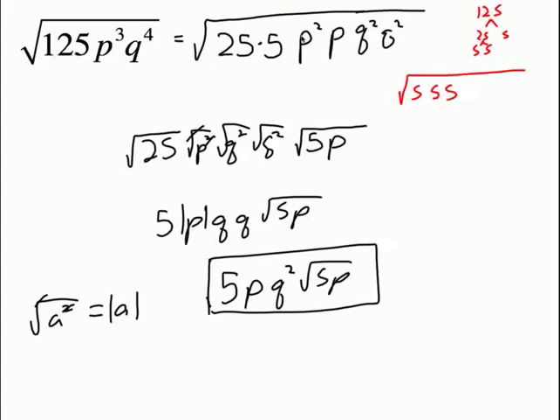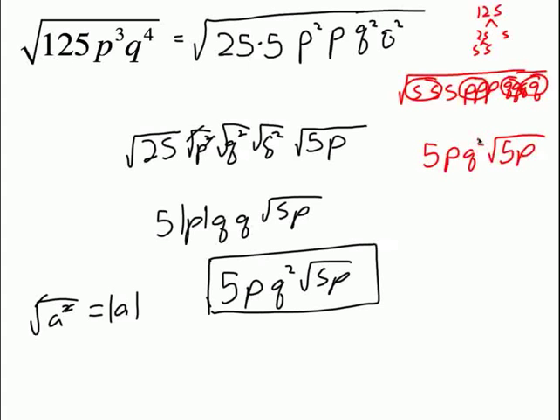And then you have 3 p's, 1, 2, 3, and 4 q's, 2, 3, 4. Remember the packages of 2 come out, so that guy comes out, this guy comes out, this guy comes out, and this guy comes out. So you have a 5, a p, a q squared, and then square root of 5p.